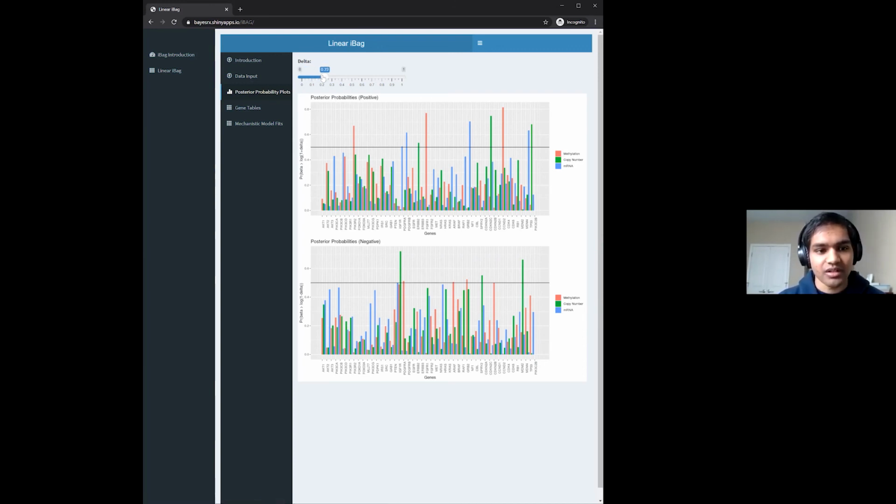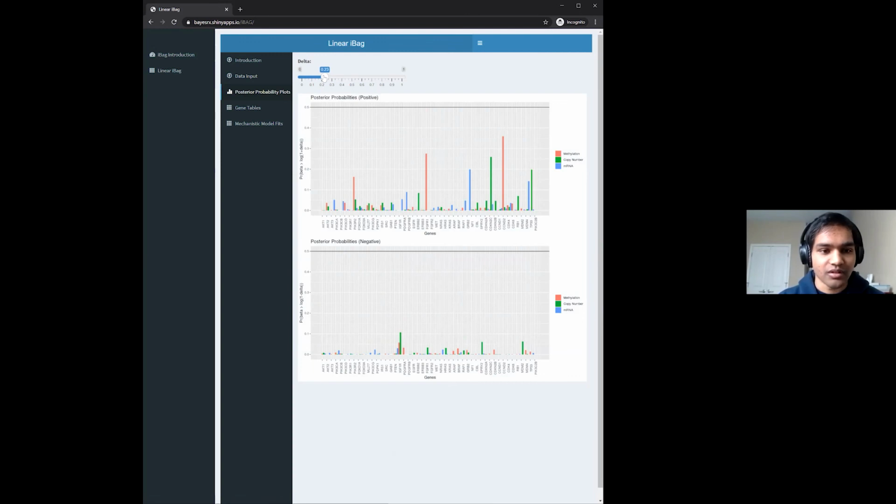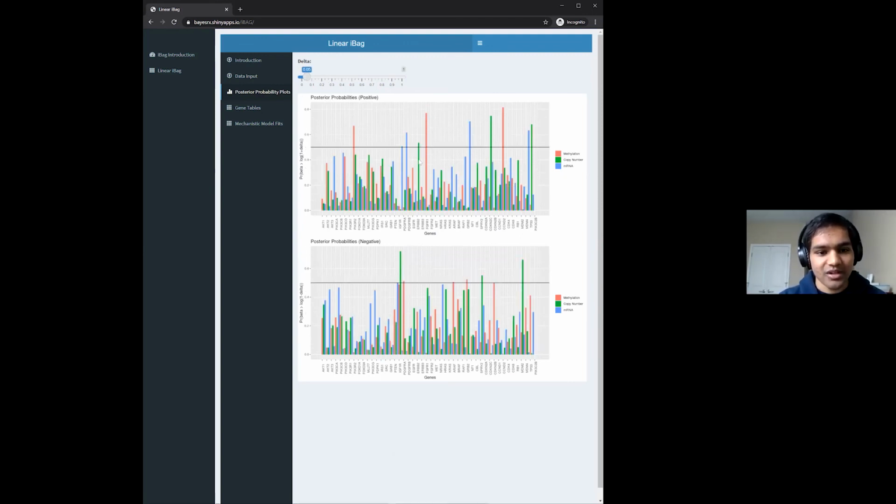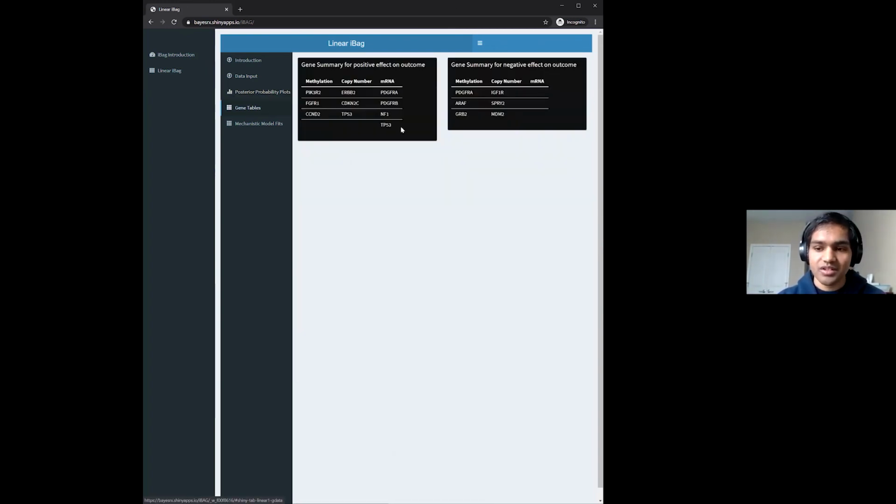And this slider you can actually change. If you're looking for any genes with a 20% increase, obviously that's going to be very rare, but you can adjust the slider as you will to identify these genes through the posterior probability plots. Then you can visit the gene tables, and this will give you the list of genes which pass the thresholding that you selected.